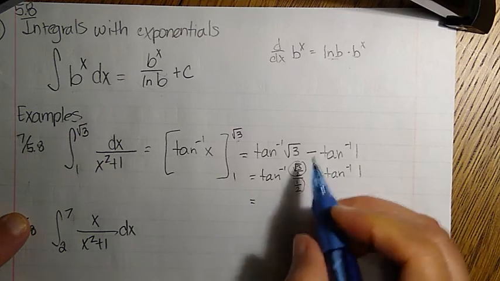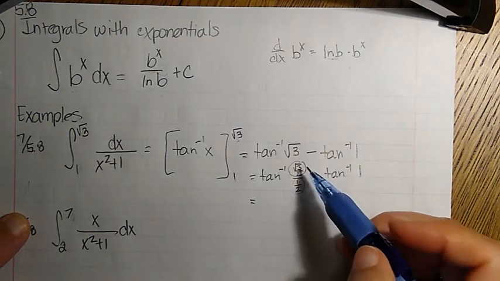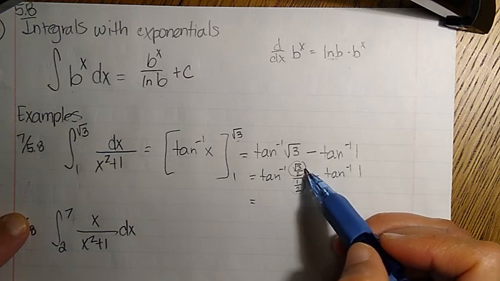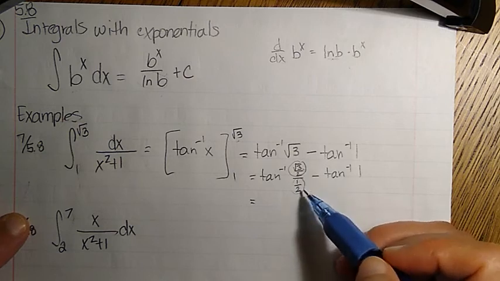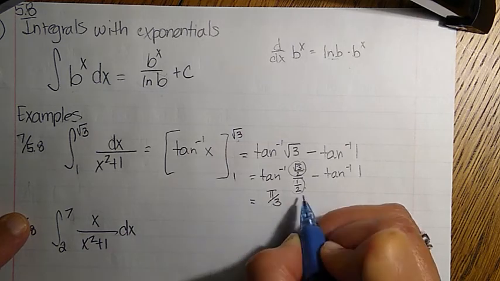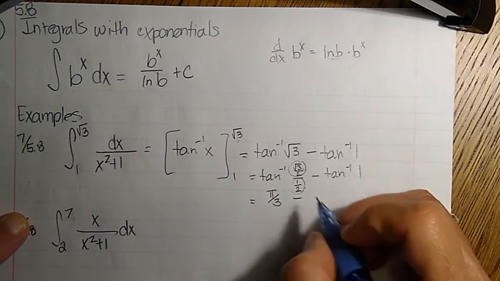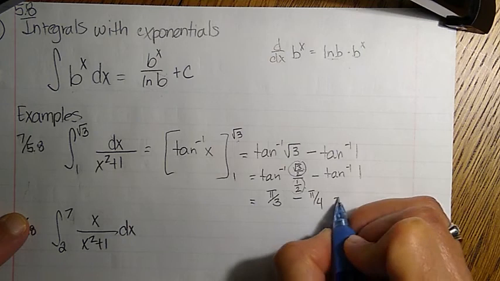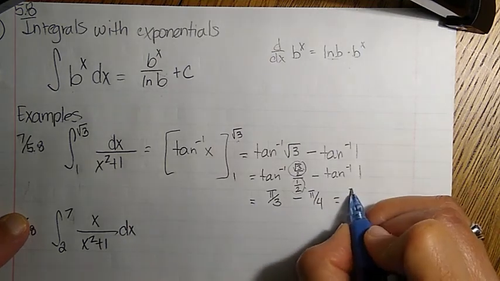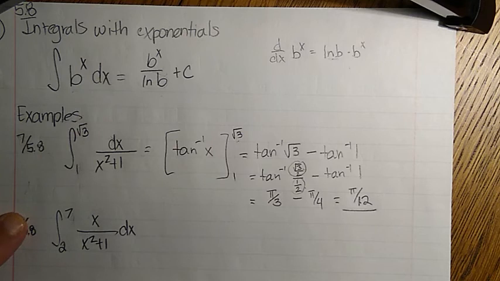And so without needing to drag out a calculator, for what angle from minus pi over 2 to pi over 2 is root 3 over 2 the sine ratio, and 1 over 2 the cosine ratio? I believe that's pi over 3. And where is the tangent ratio 1? Well, where sine and cosine agree, and I believe that's pi over 4. Get a common denominator. I'm going to let you guys do that. And you end up with pi over 12 as your final answer.